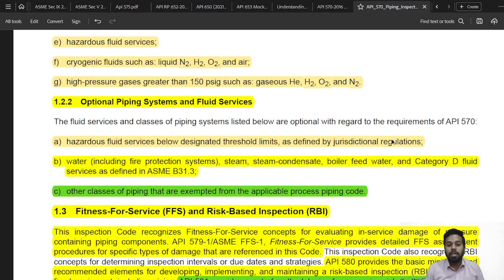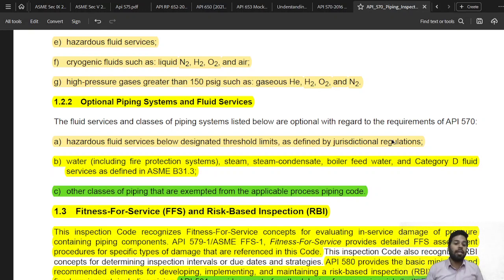Hazardous fluid services below the designated threshold limits as defined by the jurisdictional requirements. Water, steam, steam condensate, boiler feed water and ASME B31.3 category D services are also optional services. You can do inspection of those as per API 570, you might not do it as well.